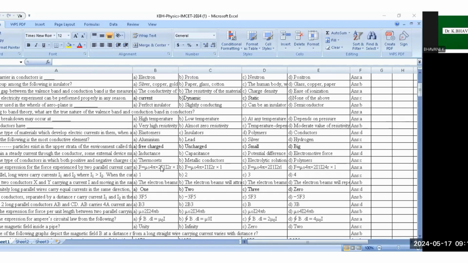So maths and physics are very important to crack this IMUCET with a high score. Please concentrate on this. And in one minute I will share my other notes also.